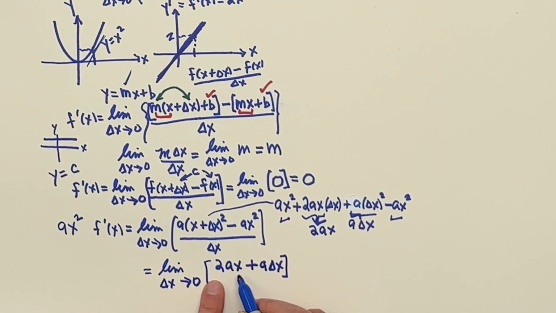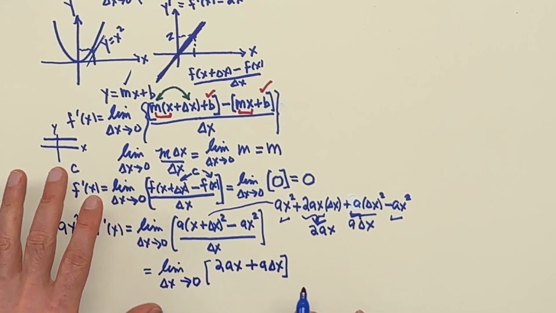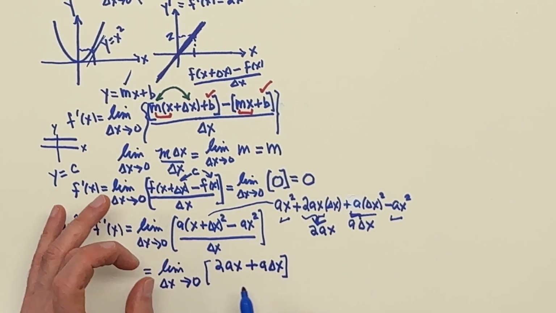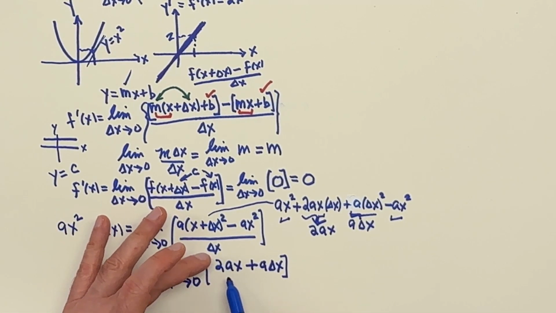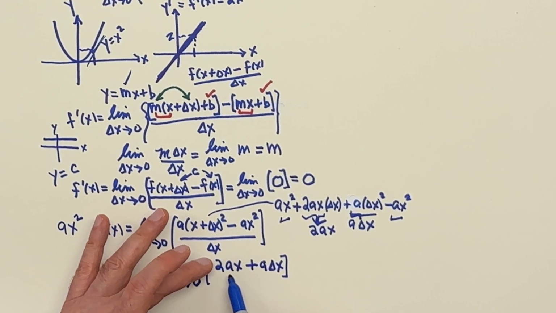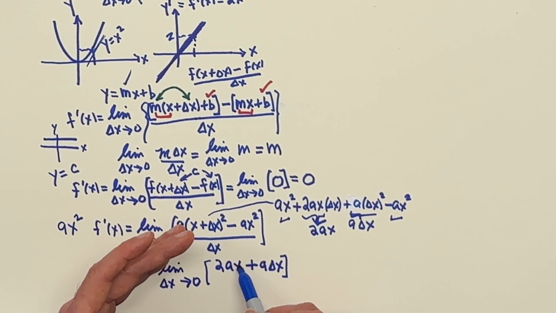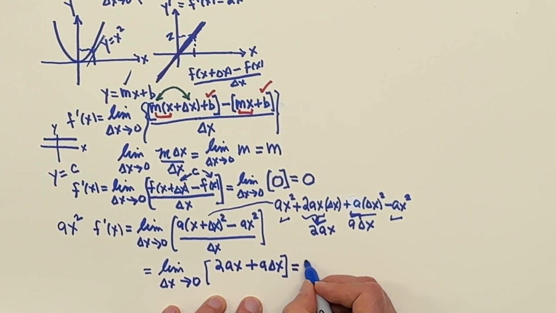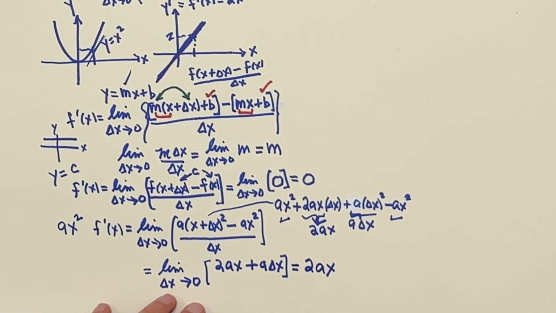And here, with the laws of limits, where the limit of a sum is the limit of each one, and the product, you can think of this as the limit of the 2a times the limit of the x. So not worrying about that, we're going to just go 2ax. So we have a lot done here.